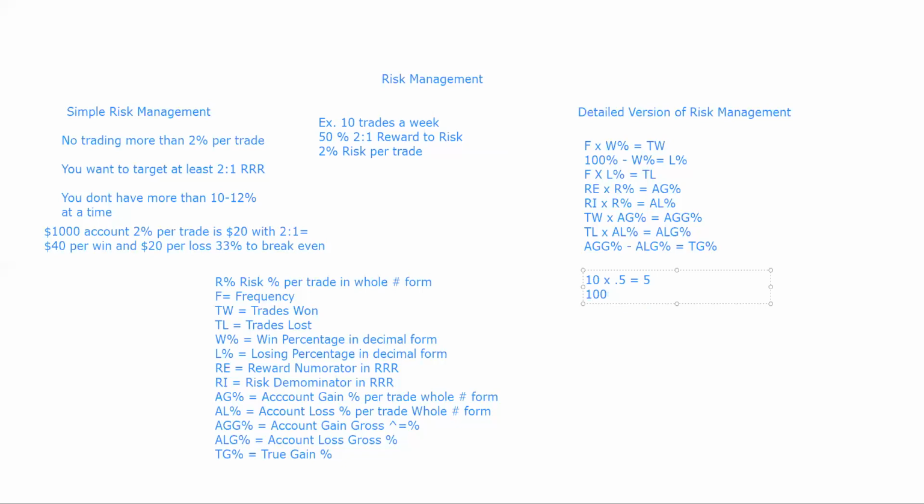100%. Of course, you could probably skip this if you know this in your head, but like I said, A to B is what I'm doing, everything in the middle. But 100%, I'm going to do that in decimal form. So it's 1 times the frequency.